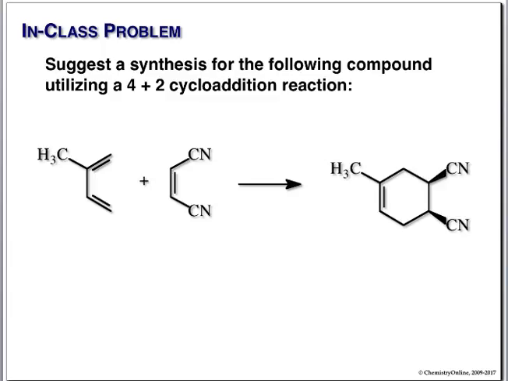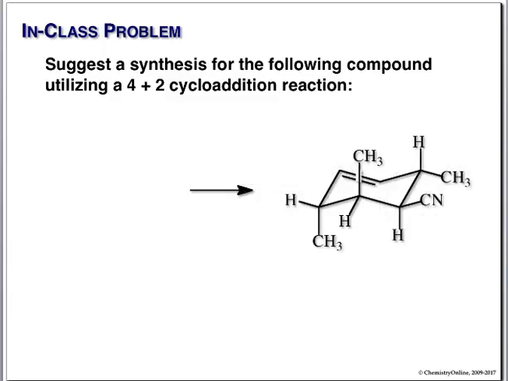And let's do one last one where we have two things to worry about. Once again, let's identify our dienophile by looking across the ring. These are the carbons of our dienophile.